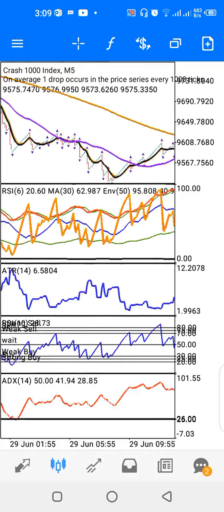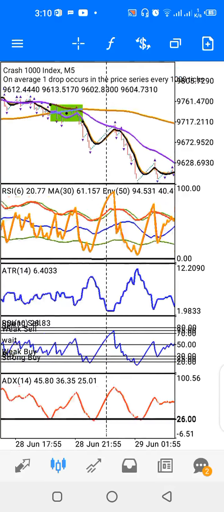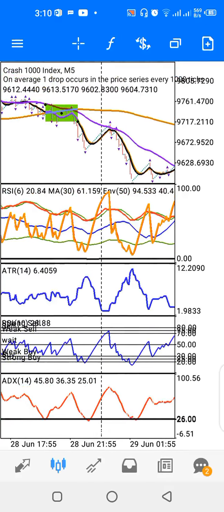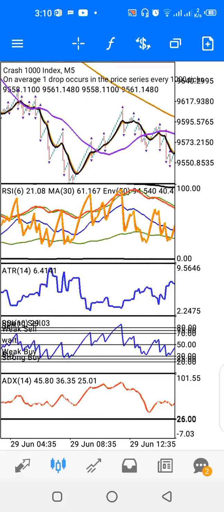But when it crosses down, like you have around here, that means it's safe for you to sell crash index. And obviously, if you enter your trade somewhere around here, or you enter after the breakout of this low, you can see how much profit you will have scalped.